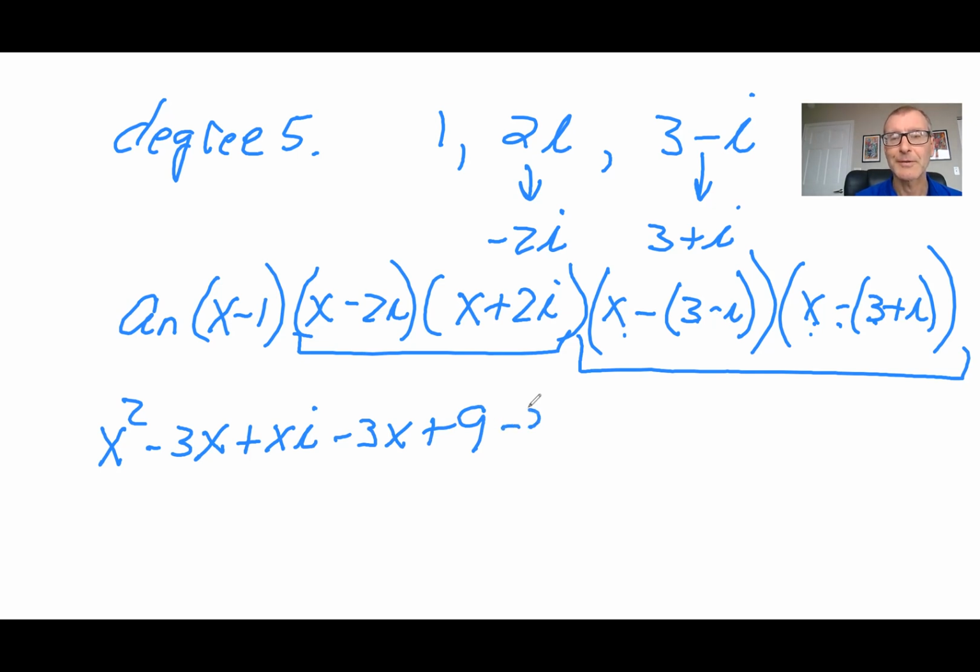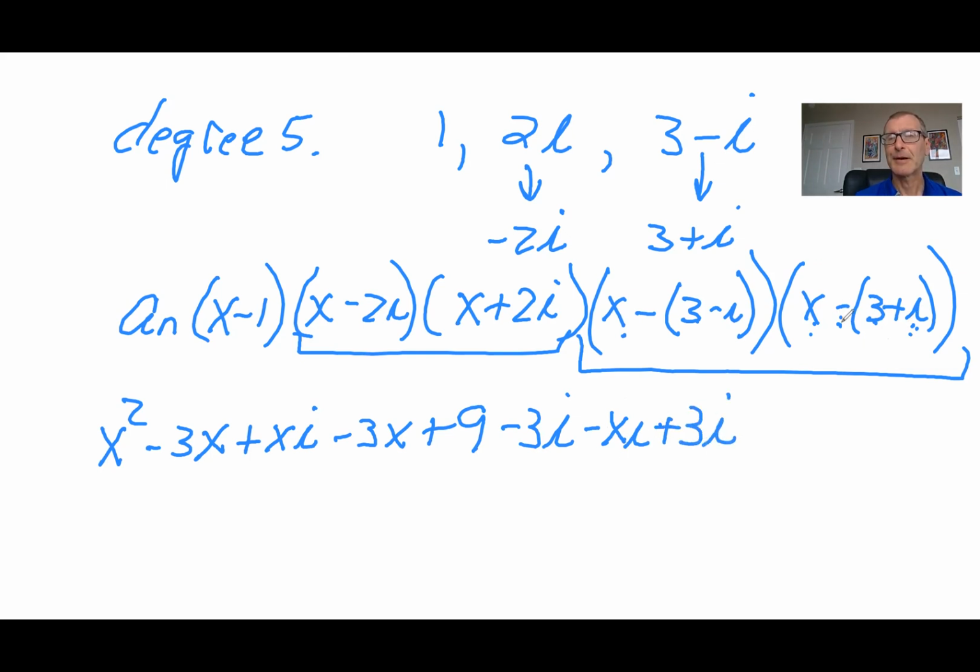And so the last one would be minus i times x. I almost forgot my minus. So minus i times x would be minus xi. And then minus i times minus 3, which is plus 3i.